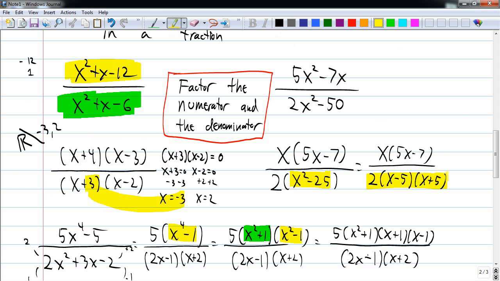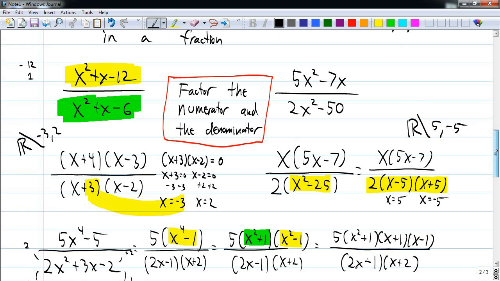Okay, the 2 is not important because it will never be 0 because it's 2. X minus 5 is 0 if x is positive 5. X plus 5 is 0 when x is negative 5. So the domain of this is all reals except for 5 and negative 5.